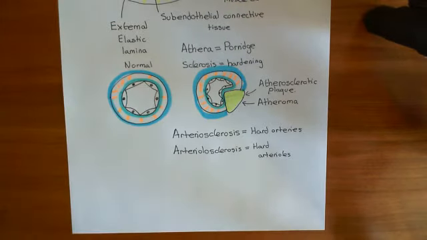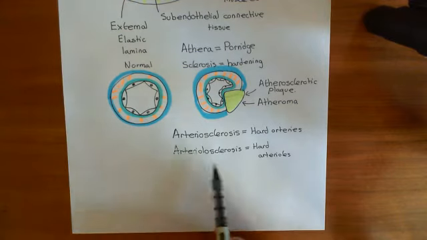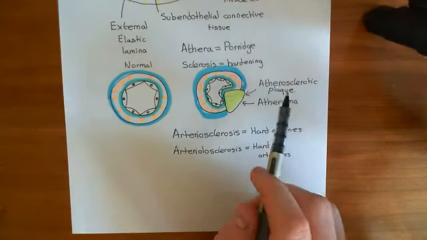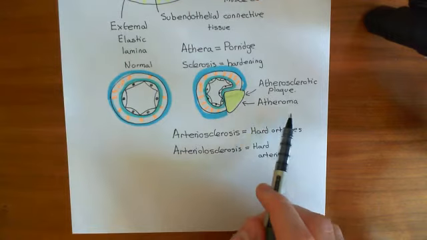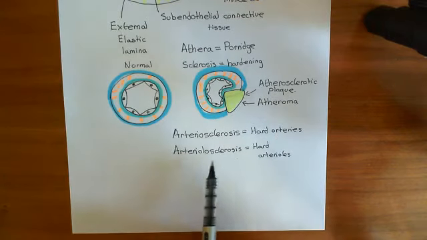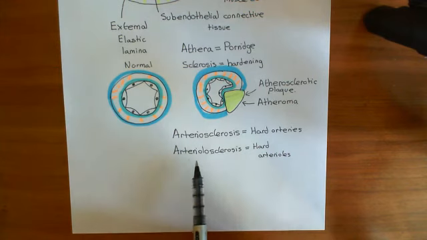And those are called arterioles. Arteriolosclerosis refers to the hardening of those, so the loss of the elasticity of these and the replacement of that elasticity with hard, solid structures. And similarly, atherosclerotic plaques or atheromas within arterioles would be a very, very common example of how you can get arteriolosclerosis.